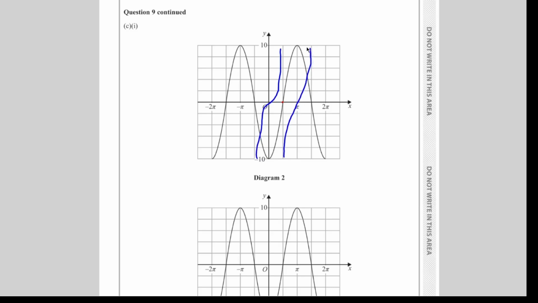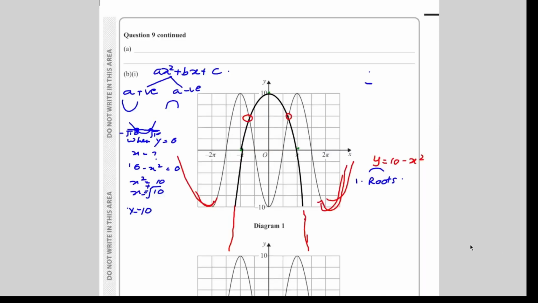Every 180, the tan curve gets repeated. Like this. After that, we need to find the intersecting points again.